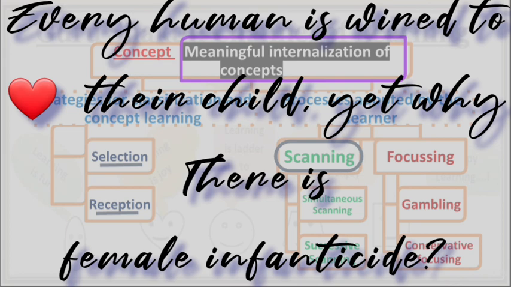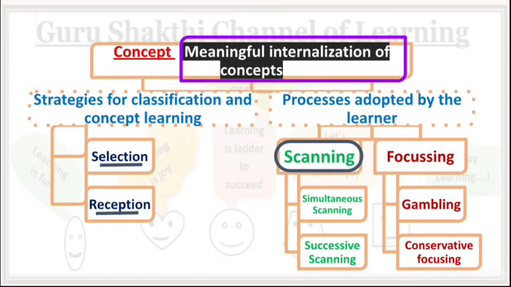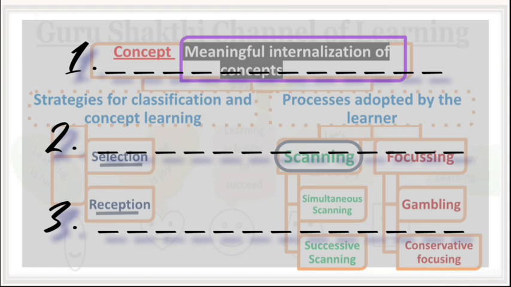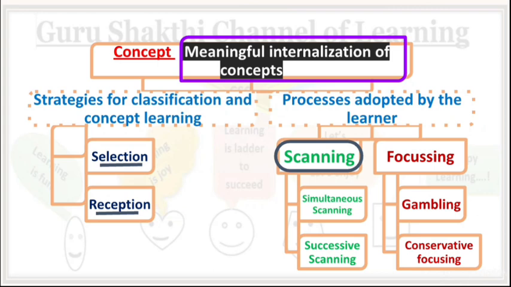Yet, what makes some of them to involve themselves in female infanticide? And you hypothesize about it. Reason 1, reason 2, reason 3, etc. And you systematically study using different research tools and techniques.